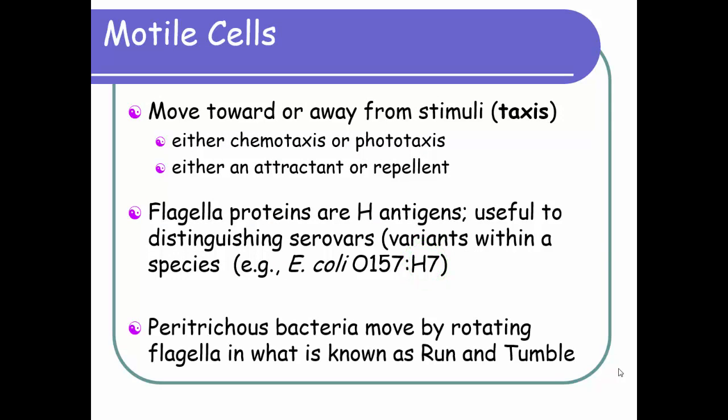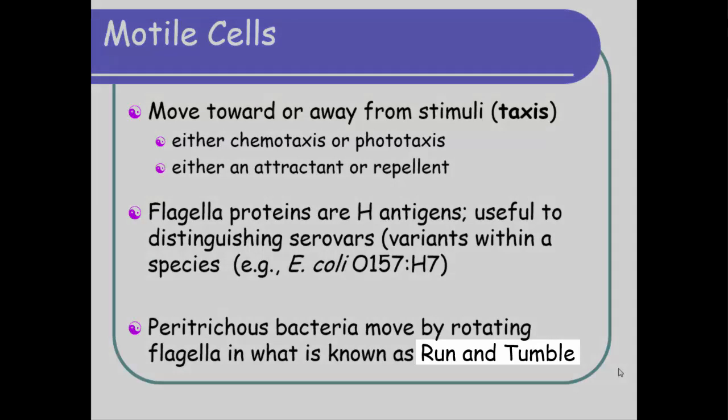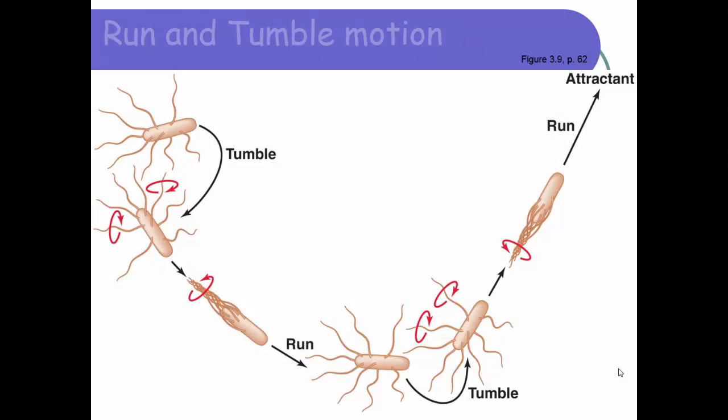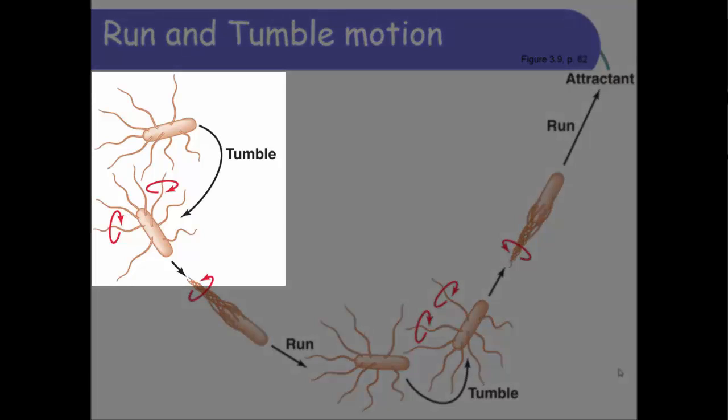The peritrichous bacteria move by rotating flagella in what's known as the run and tumble. Since you have the motors on all sides of the boat, they have to be able to do movement in a forward direction. And as all of these flagella spin, they typically will begin to tumble or roll around.